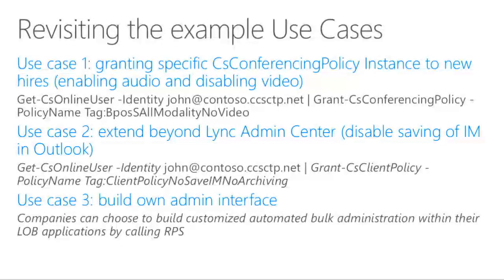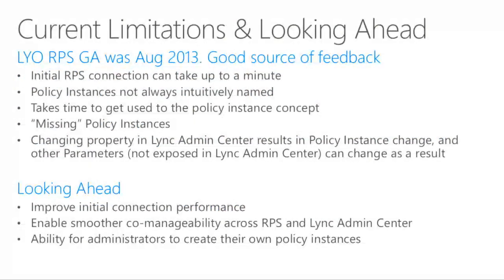So moving on, current limitations and looking ahead. We GA'd, by the way, GA is general availability, back in August of 2013. It's been a good source of feedback. Some of the limitations that I want to mention: the initial RPS connection can take up to a minute.